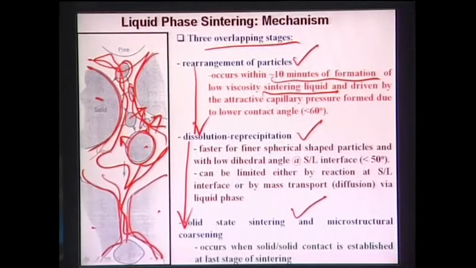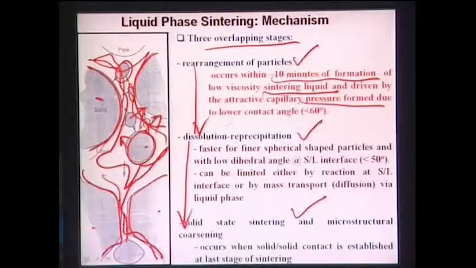In water anything can diffuse faster because it is a low viscosity liquid, but in a polymeric gel, which is very thick and viscous, the mass transport or diffusion will be much more sluggish. So one thing in liquid phase sintering is that your sintering liquid must have a low viscosity, otherwise the entire purpose of having the sintering liquid will not be served.